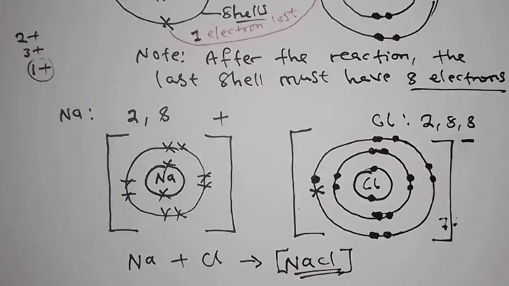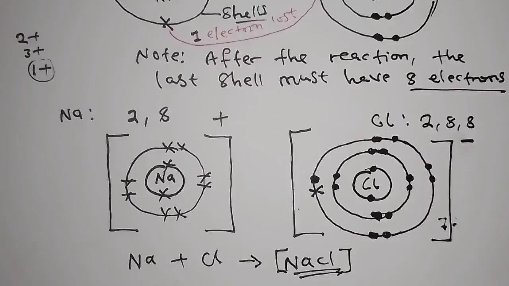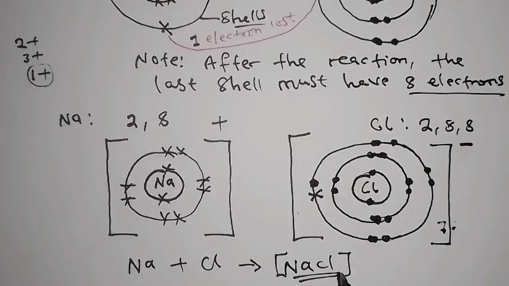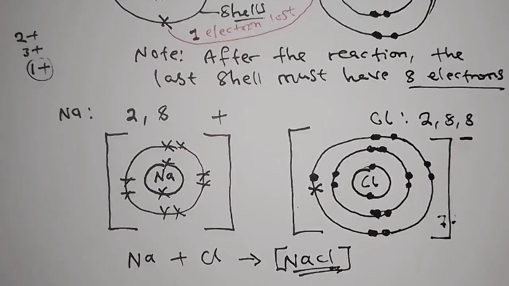Okay, so now the next part is we're going to look at covalent bonding, which is just the sharing of electrons between nonmetals only. So remember that this is a metal and a nonmetal. So let us now get to covalent bonding.